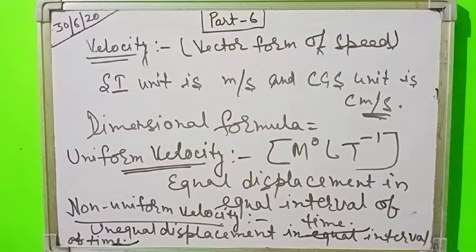Suppose in the first second 2 meter, second second 5 meter, third second 3 meter. In this way the object is changing its position, then such type of velocity is called non-uniform velocity. So this is something about velocity.